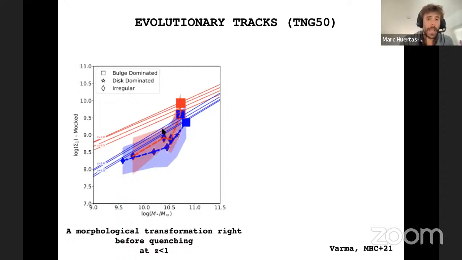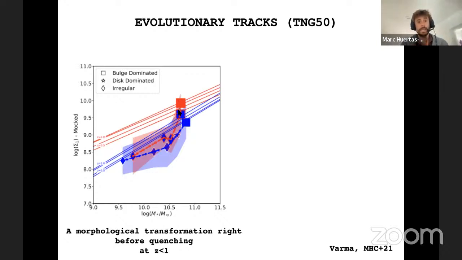Then something happens here for this particular population, which is the quenched one: they rapidly change morphology below redshift 1, and they become bulge dominated, and then they quench, and they go to this scaling law, which is the observed one, to match, and you get this fact that quenched galaxies are denser, and you get it below redshift 1, at least in the simulation.